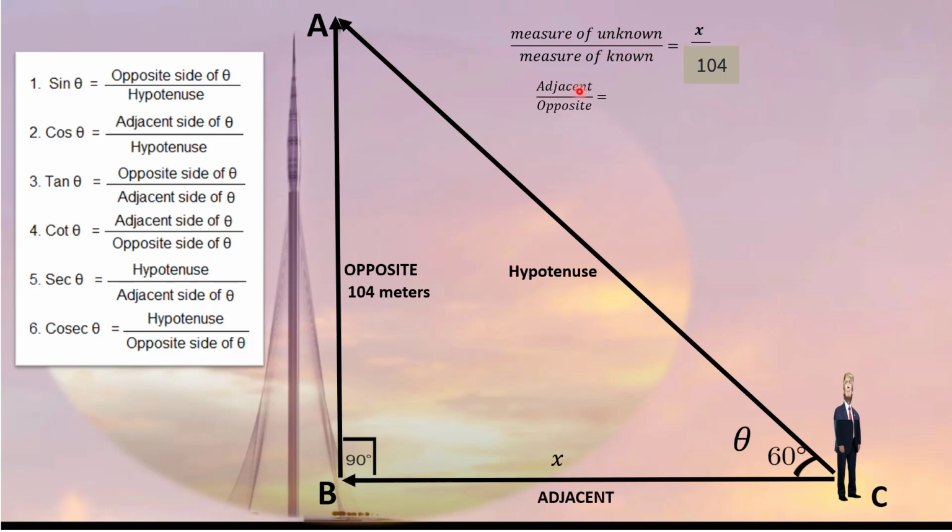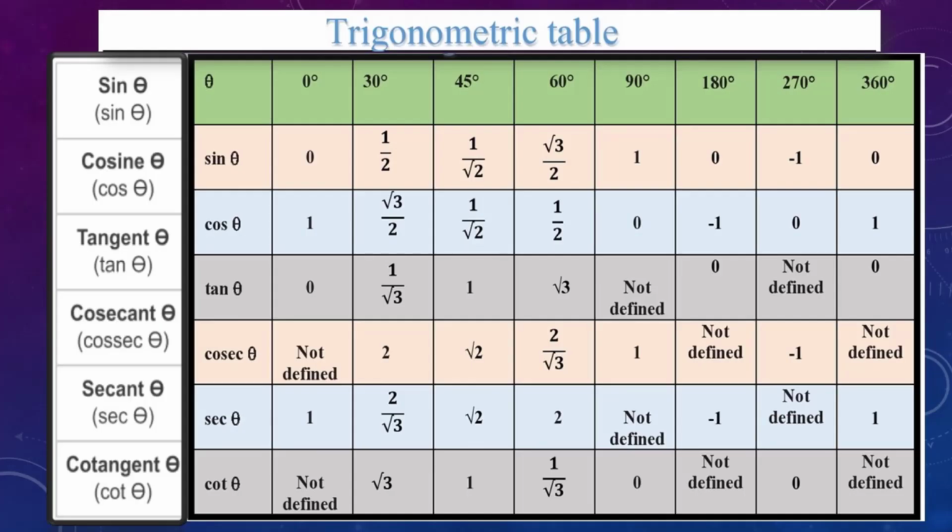In this case, the ratio is adjacent over opposite side. Which trigonometric ratio matches with this ratio? It matches with the cotangent theta or cot theta. Here theta equals 60 degrees.